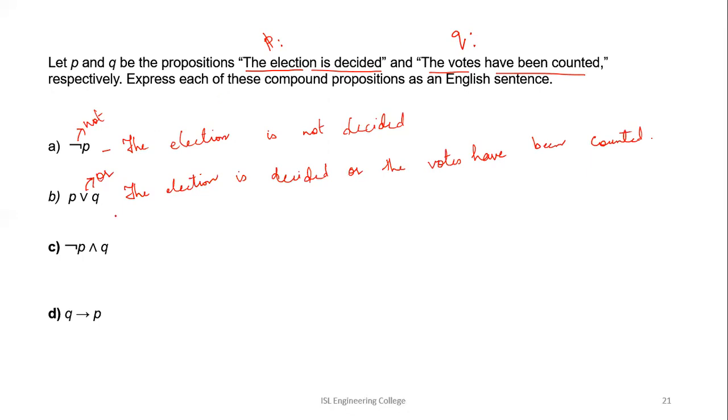Next, the next example is given as negation of P and Q. Negation of P we have already done: the election is not decided. And is our conjunction, which denotes and. So over here, the election is not decided and the votes have been counted.